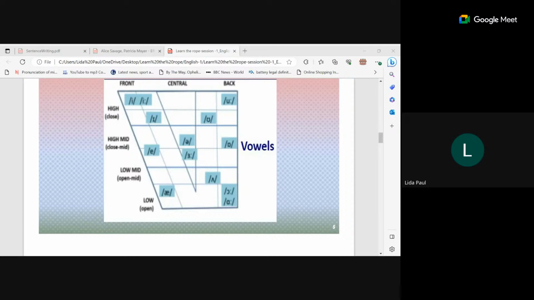One is E followed by a colon, that also means long E. And the second way of representing that is using two I's together. So double I is long E.